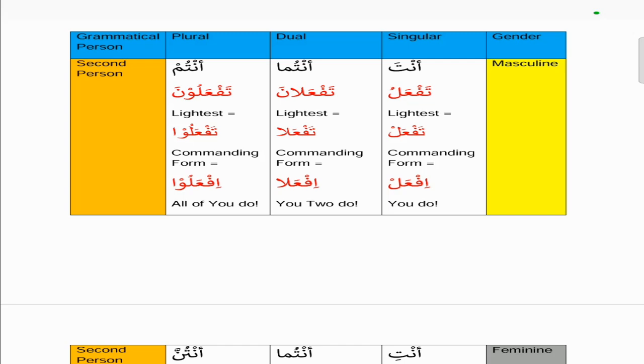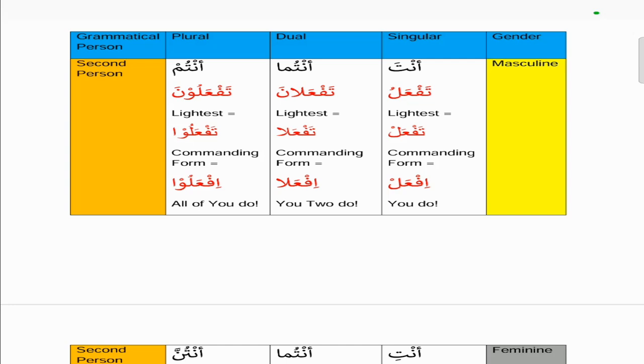And because the second to last letter in the huwa version is fatha, the extra alif will take a kasra, so it becomes if'al, which means you, man, do. So you're commanding.